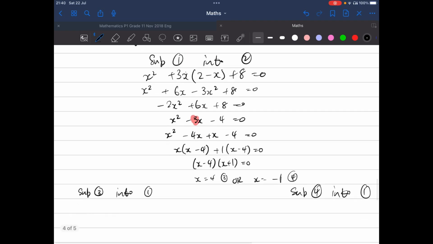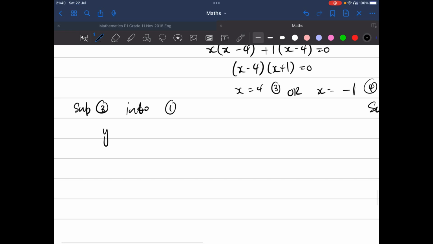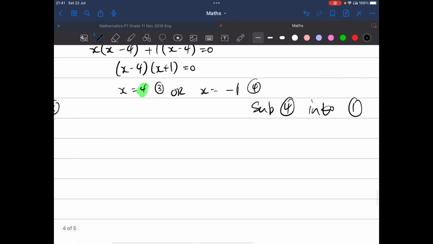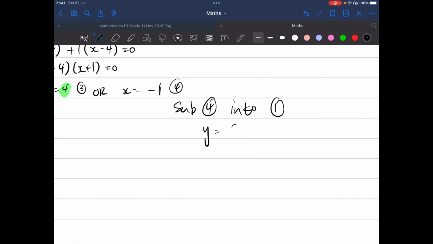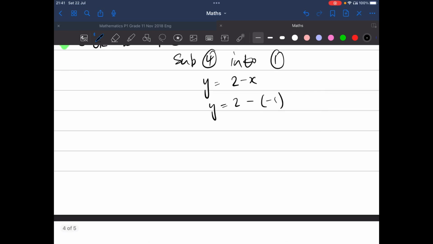Okay, so equation number 1 is y equals 2 minus x, right? But now in place of x we're going to put 4. Okay, so that means y equals minus 2. And on this side, y equals 2 minus x. So in place of x, we're going to put minus 1. Okay, so y equals 3.